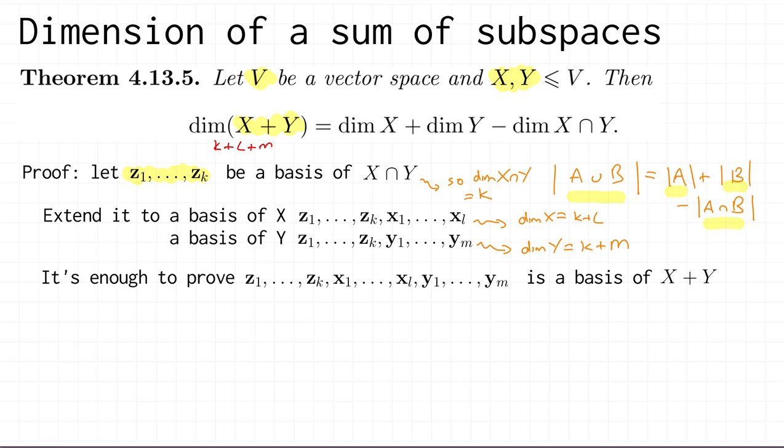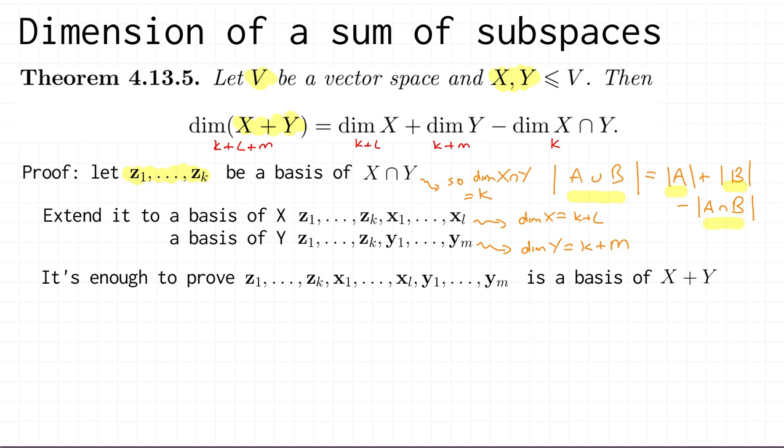On the right, you would have the dimension of X, which is k plus l, and the dimension of Y, which is k plus m. When you add them together, you're too large by k, but that's exactly what you'd be subtracting off. So if we prove that that thing is a basis of X plus Y, then we've proved the dimension equality that we wanted. So let's try and do that.